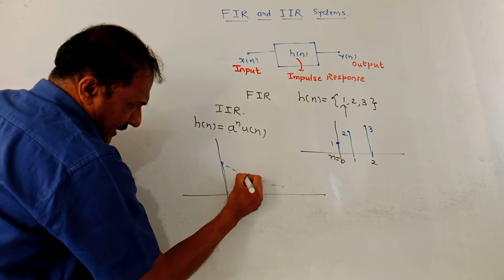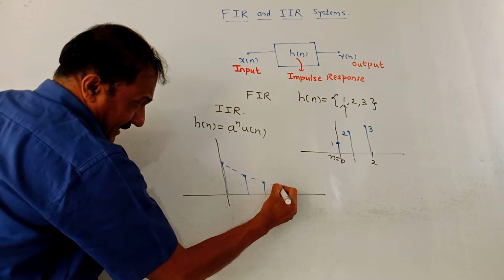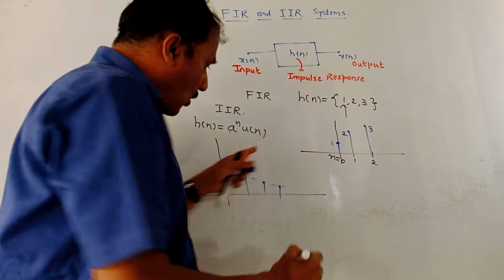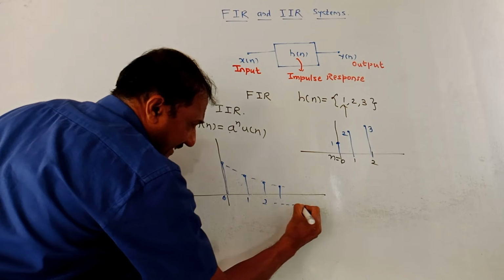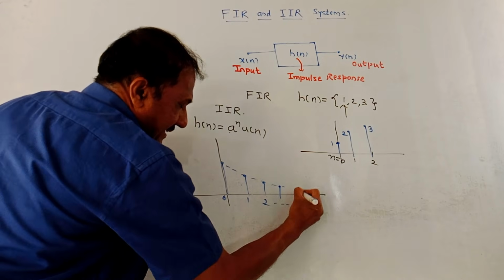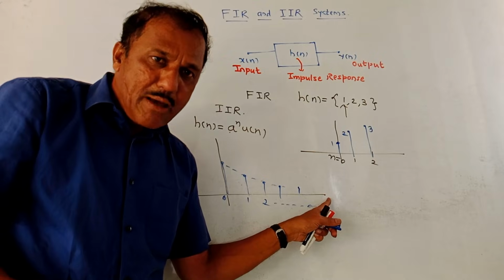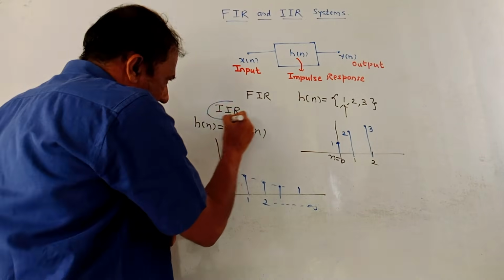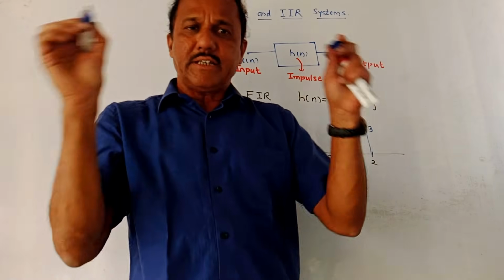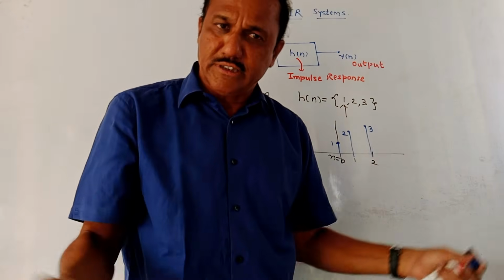It is exponentially decreasing, let us say. So this is the signal, but it is multiplied with u of n. So this signal continues from 0, 1, 2 till infinity. That means there are infinite number of samples in the given impulse response H of n. So such systems are called IIR, that is infinite impulse response system.